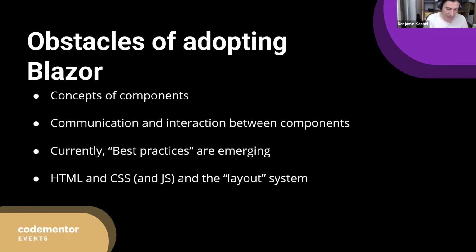At the same time, Blazor is still young. I'm not saying not mature, I'm saying young, meaning there are currently different streams of what best practices are. Some try to copy things which work in Angular or React, this kind of state management. Some try to get influences from things like messaging inside these components.